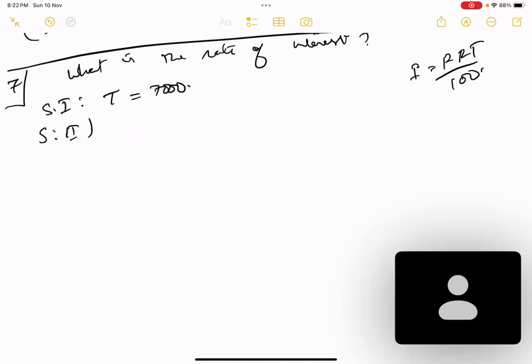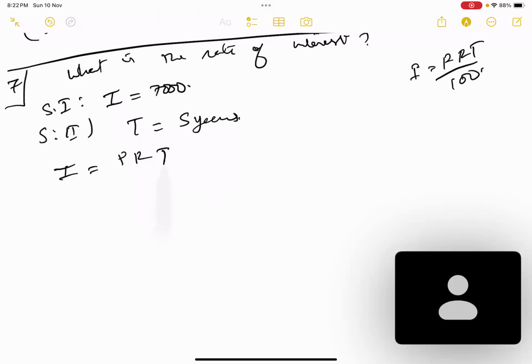I can say that the time invested is 5 years. Now, we know that interest is equal to PRT by 100. Now, 7,000 is equal to principal is how much? Principal into rate into 5 by 100, of principal, right?